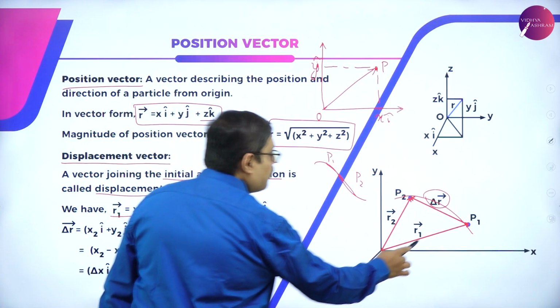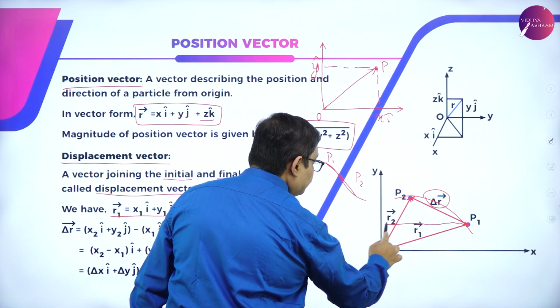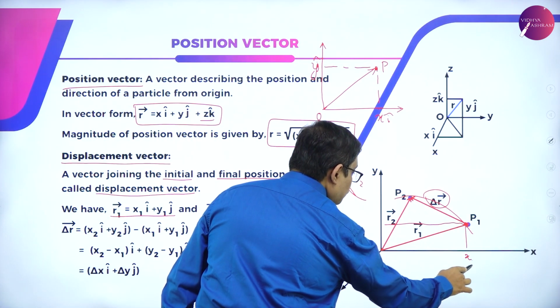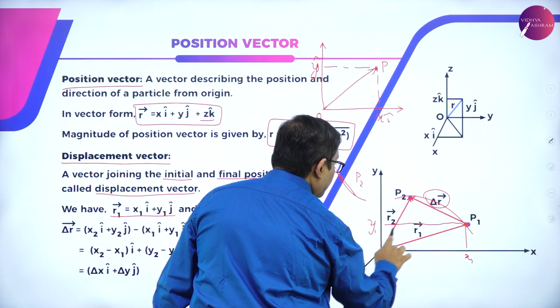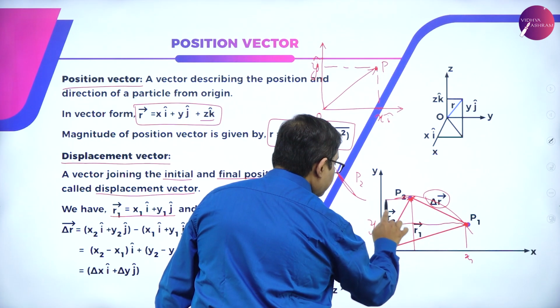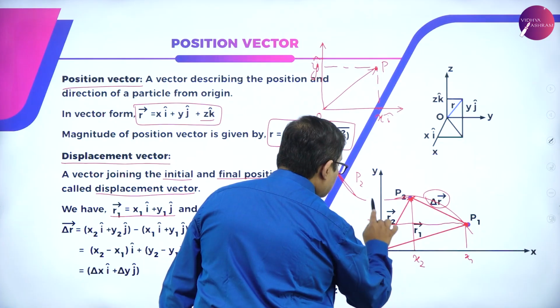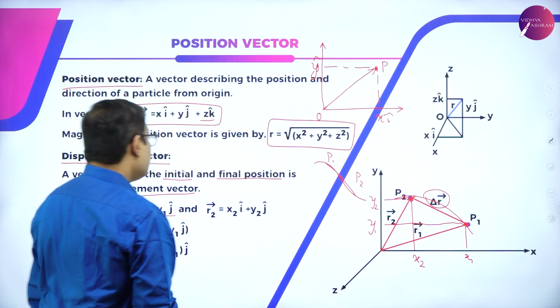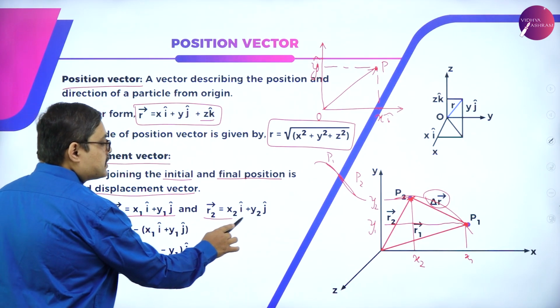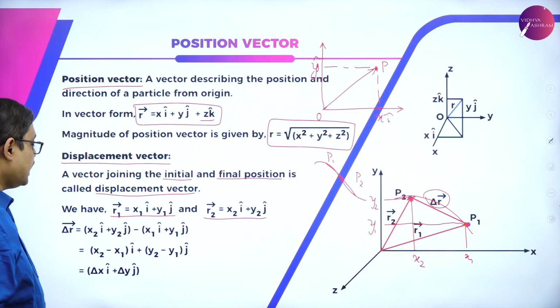If I take the components of this vector, this is x1, this is y1. Similarly this is x2, this is y2. So vector R2 is x2 i cap plus y2 j cap.